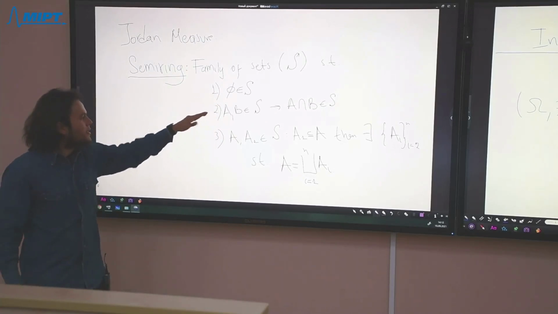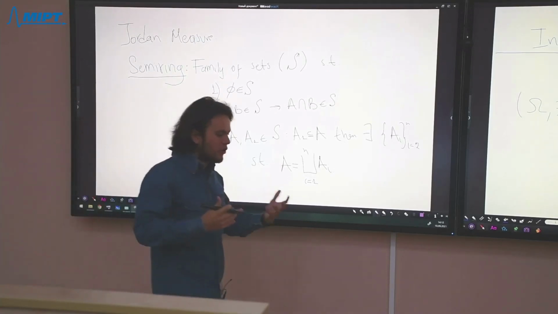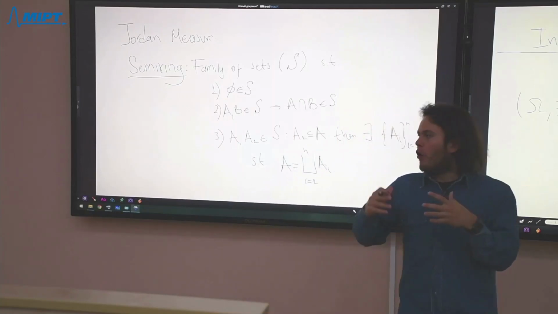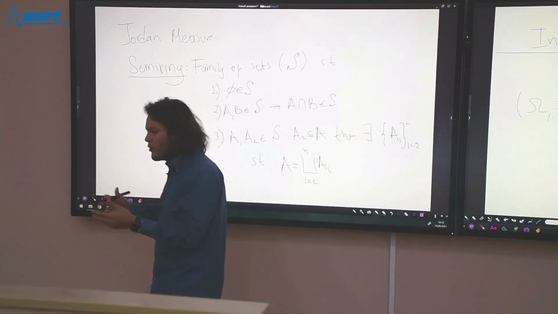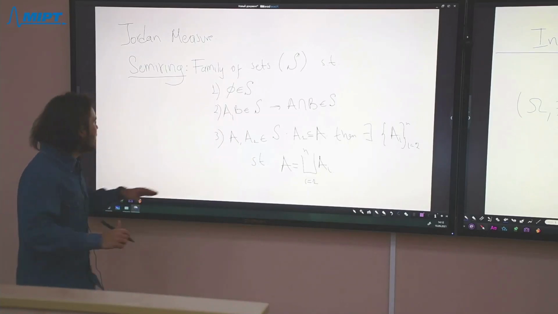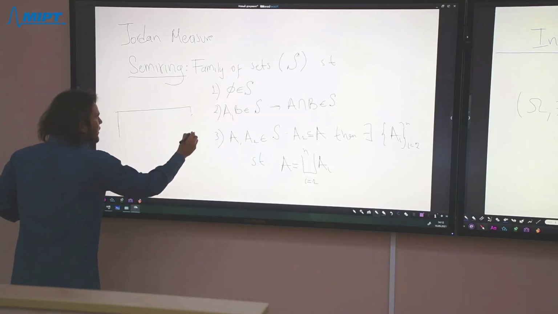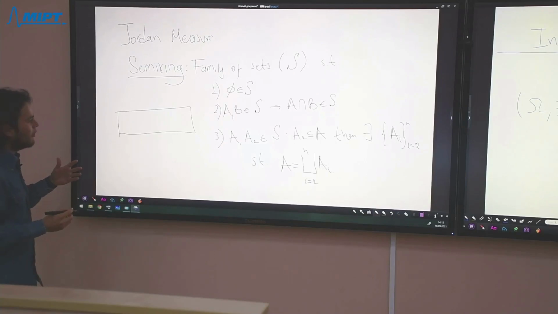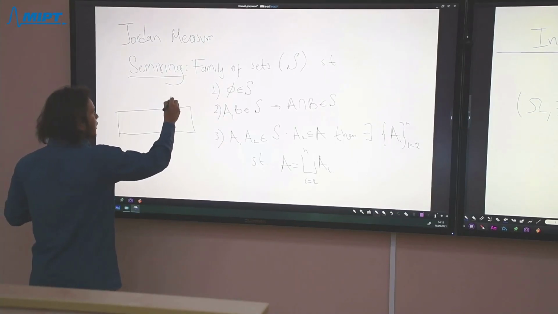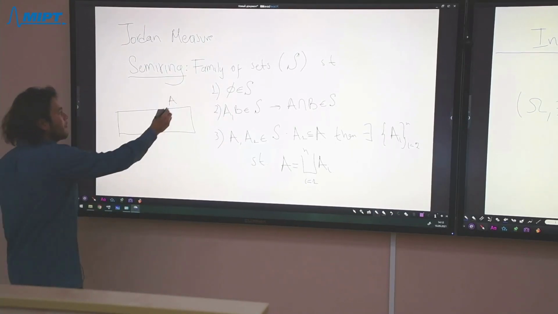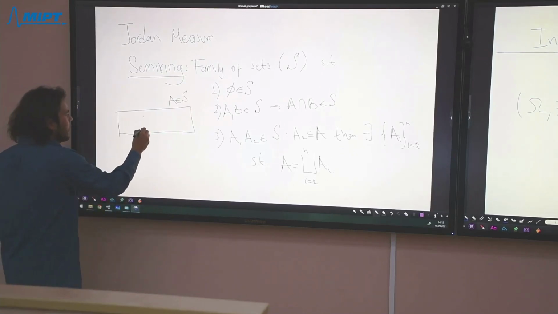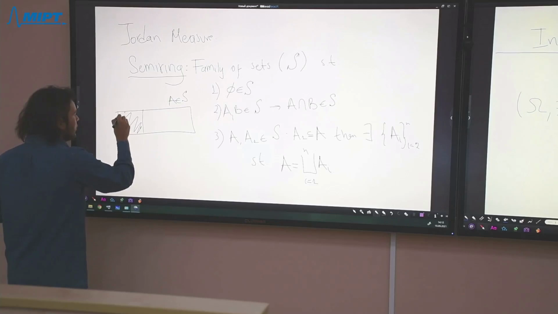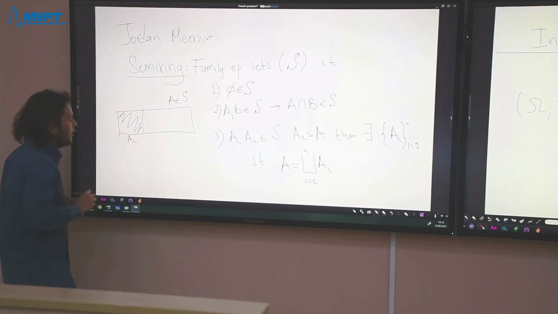The second one is that every time that we have pairs of sets, the intersection of these sets, which is a set as well, is also an element of S. And the final one, it looks like this. So if we have A, right? So this is A, some element of S, of this semi-ring S, and we have A sub 1.